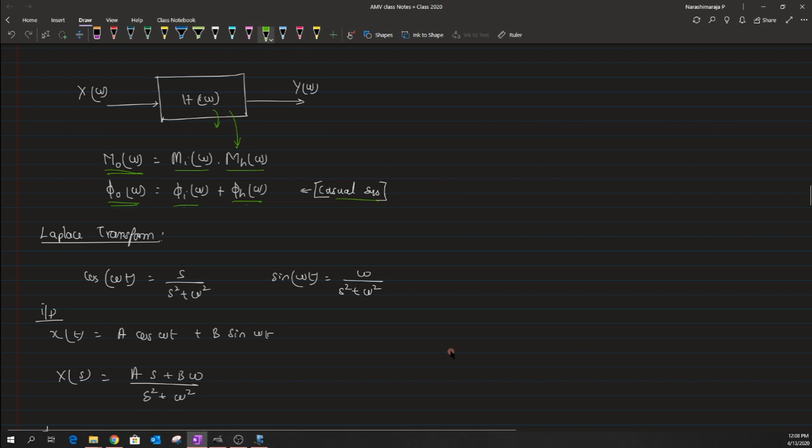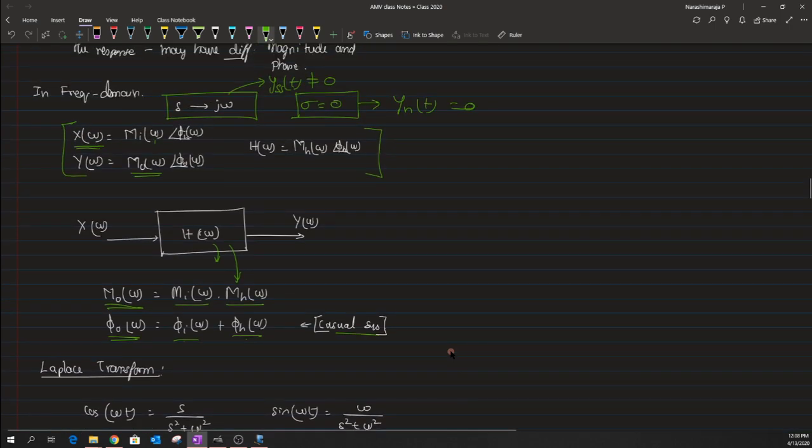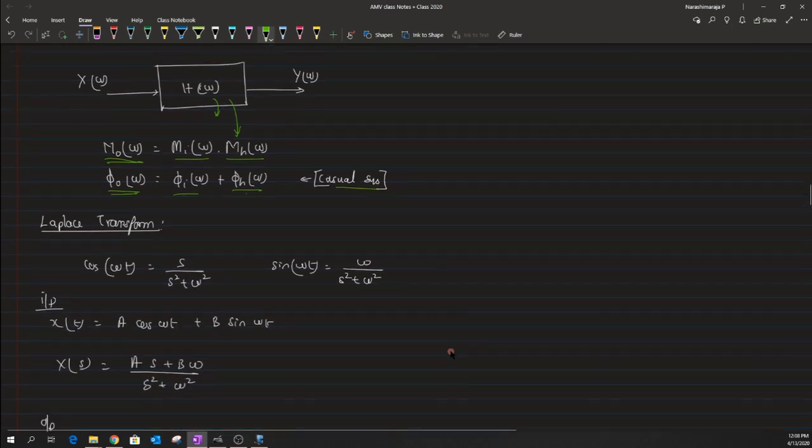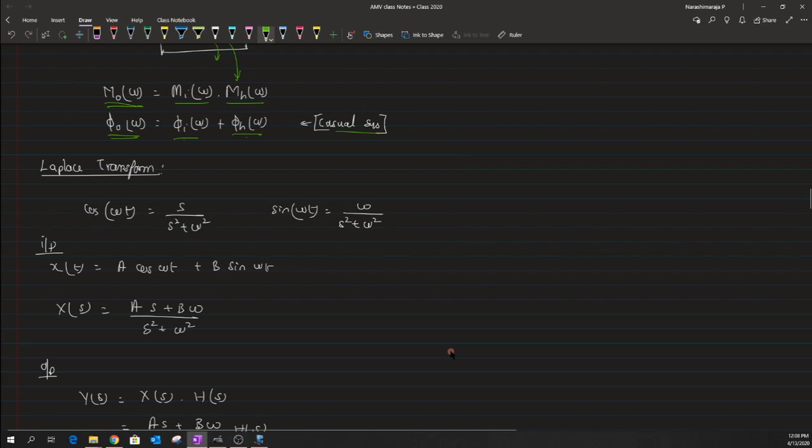Now, in order to translate our signals from x of t to x of omega, we have to look at some Laplace transformation functions. We know that cos of omega t can be translated into a Laplace transform as s divided by s square plus omega square, whereas the sinusoidal signal is omega divided by s square plus omega square.